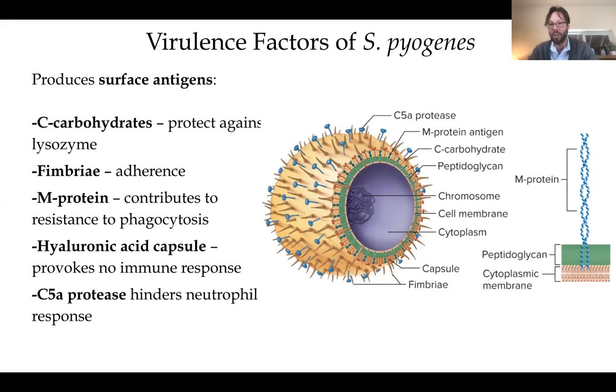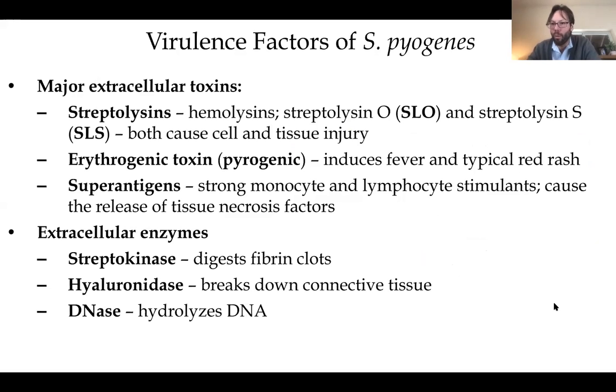That's what makes pyogenes such a potentially vicious bacteria, because it has all these different ways to evade not just one type of immune cell, but a whole variety. All the better that they're more susceptible to heat, disinfectants, and desiccation.